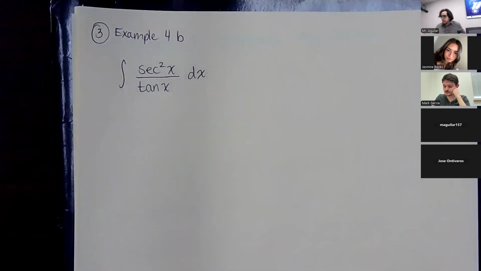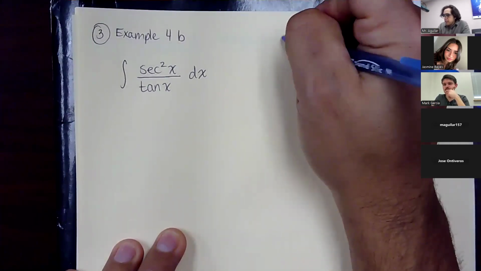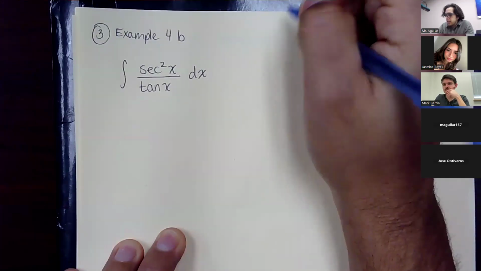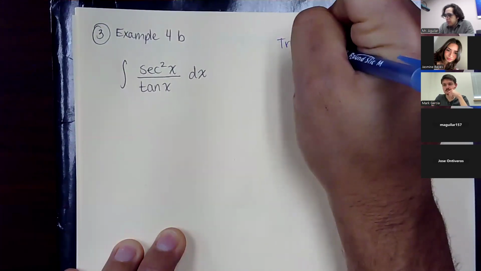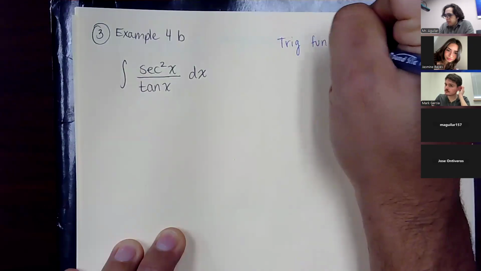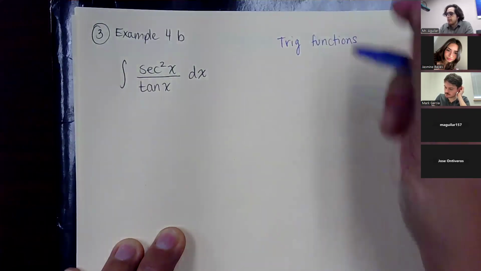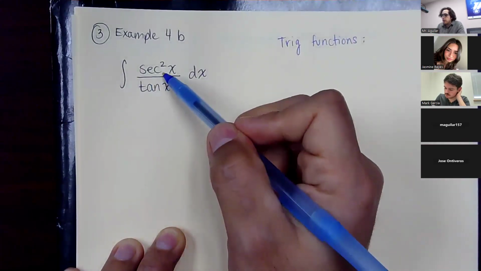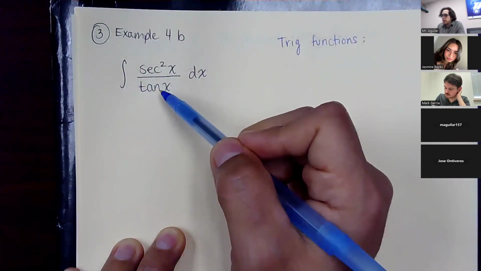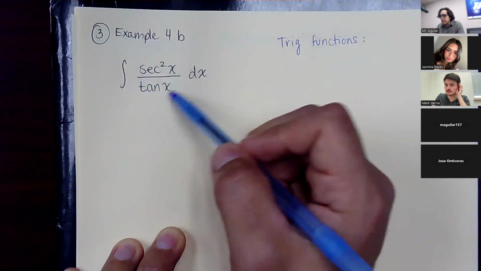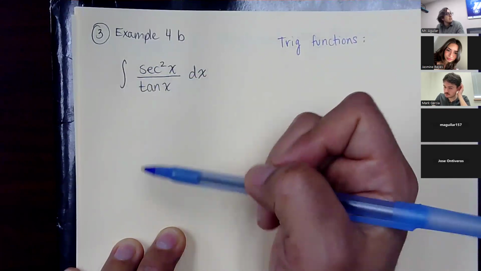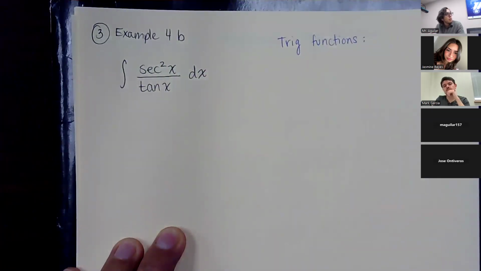So we're going to start seeing some trig functions in this section. So we just need to remember just a few things. One, what we're trying to do here is write this integral as 1 over x or 1 over u, right?